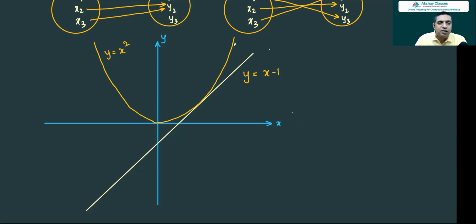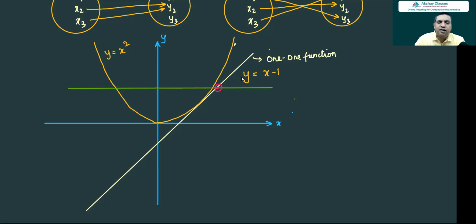If I draw a horizontal line, what happens when this horizontal line cuts the curve at only one point? Here you see, it cuts the curve only at one point for this particular line. So this is a one-one function. This graph represents a one-one function.